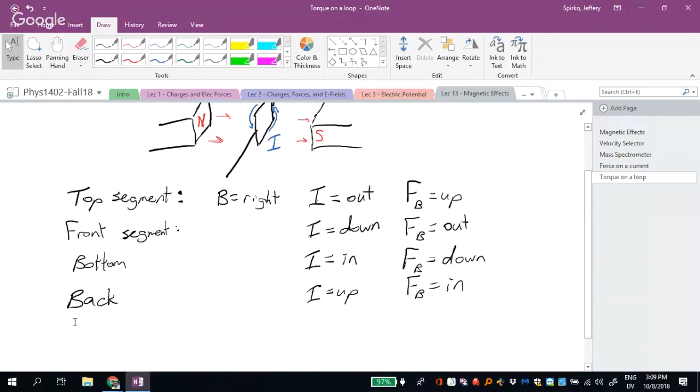So basically, each of the four sides of this square is going to feel a force kind of pulling it away from the square. And that's not going to cause a net torque because each of those forces is directed through the center of the square.